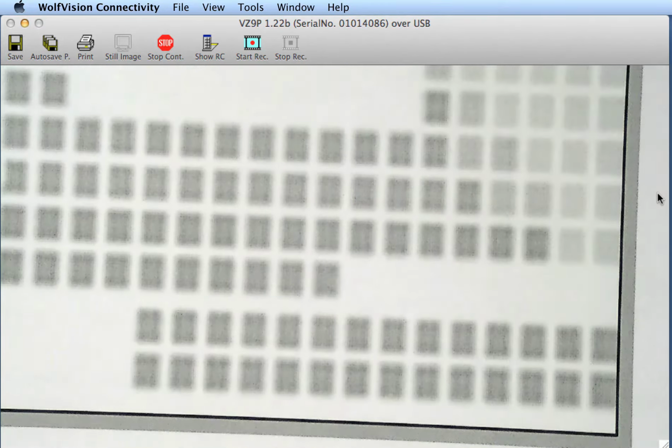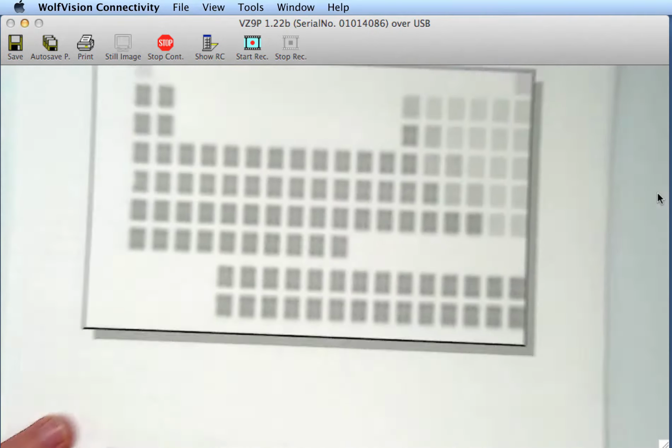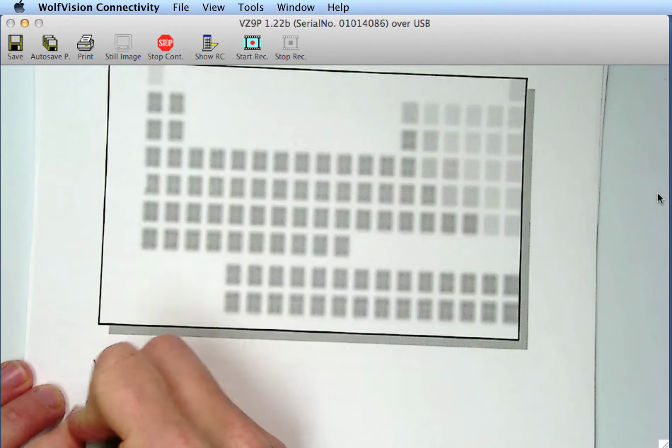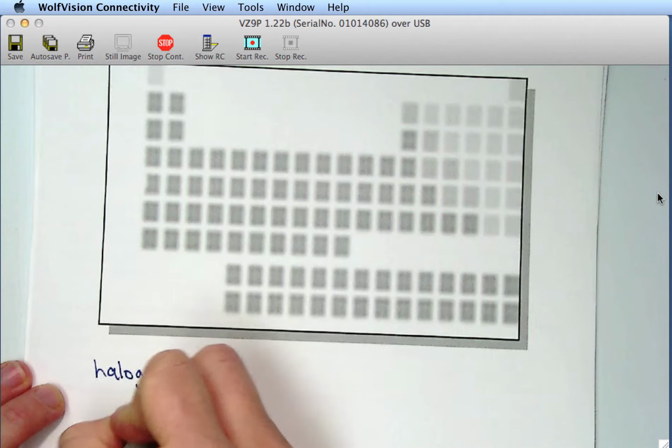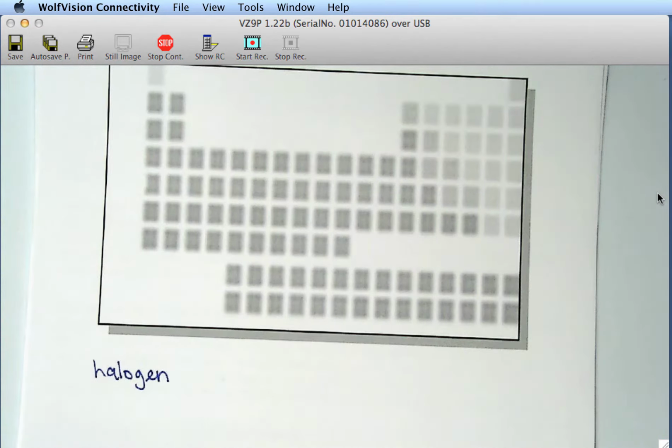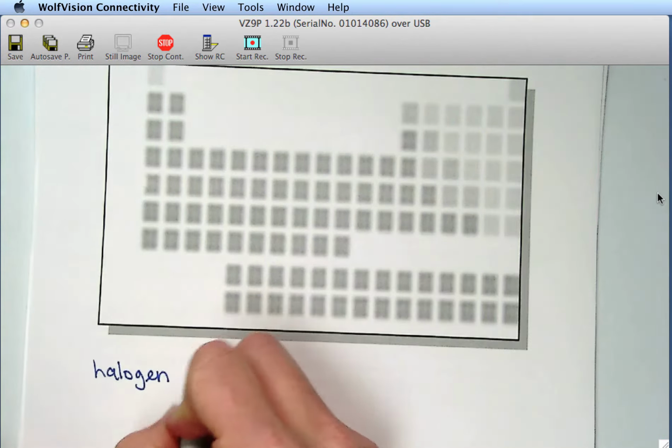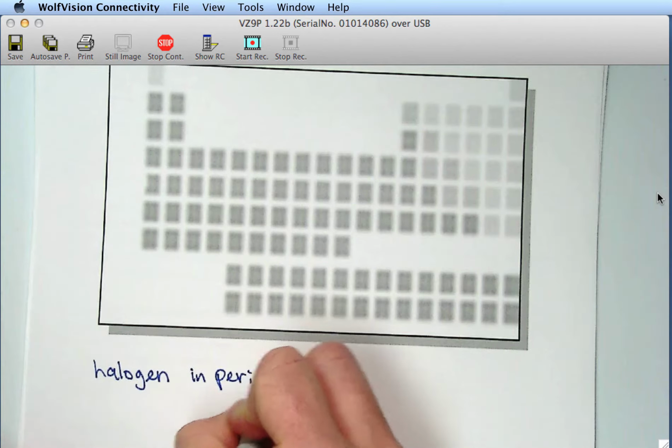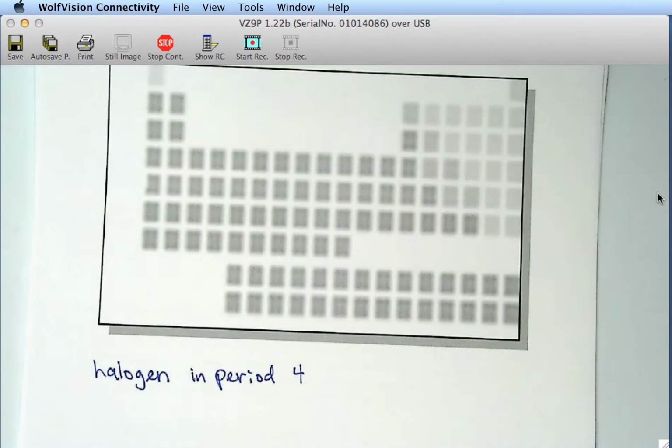But if I say, tell me what element is a halogen in period 4. So a halogen, so you'll have to look at your actual periodic table. Yes, bromine.